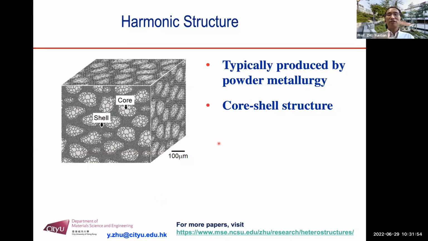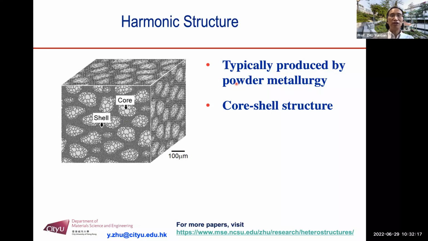Harmonic structure. So this is invented by Professor Kei Amiyama in Japan. And basically, you can see this is called harmonic structure. It can also be regarded as a core shell structure. It's typically produced by powder metallurgy.